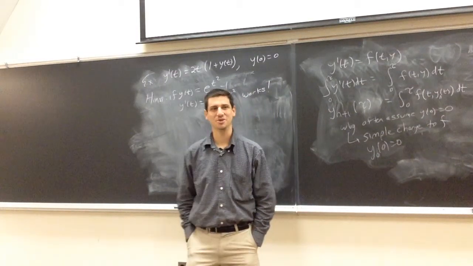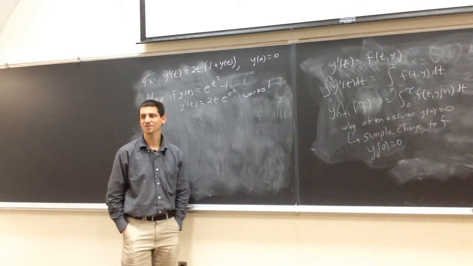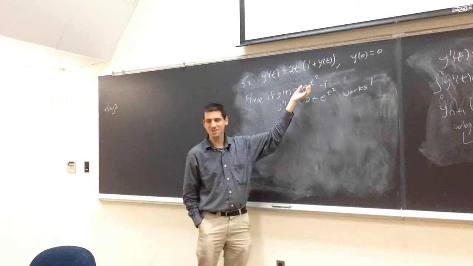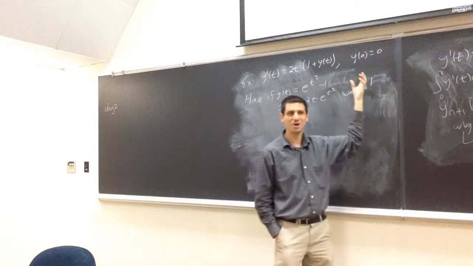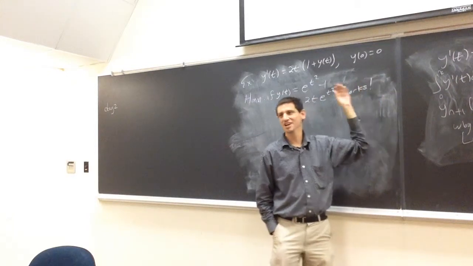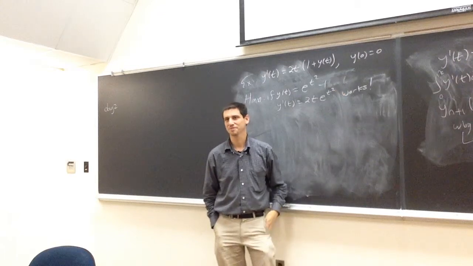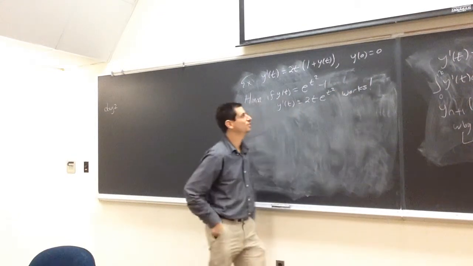What do you think I started with? I started with y of t and said, well, what do I need if I want y of t to be e to the t squared minus 1? And so I started with the solution and worked backwards to construct the differential equation, and then I just don't show you the notes of working backwards and just give you the differential equation. That way it's very easy for me to know that here is one that will work.